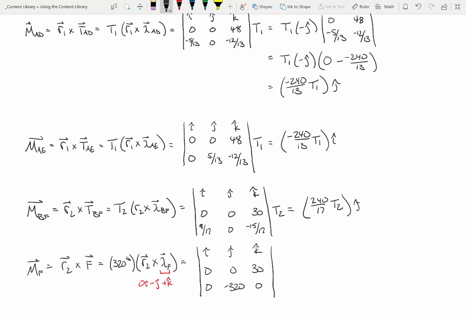Okay, this is how I'm writing it. I could say this is minus 1 and put the 320 out here. It'd be the same answer, so it doesn't really matter. So let me put this as 0K, because that was the typo.